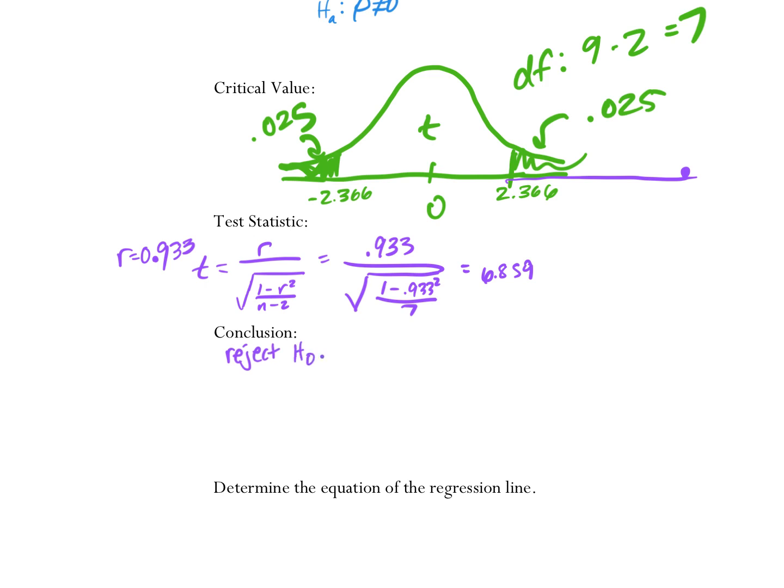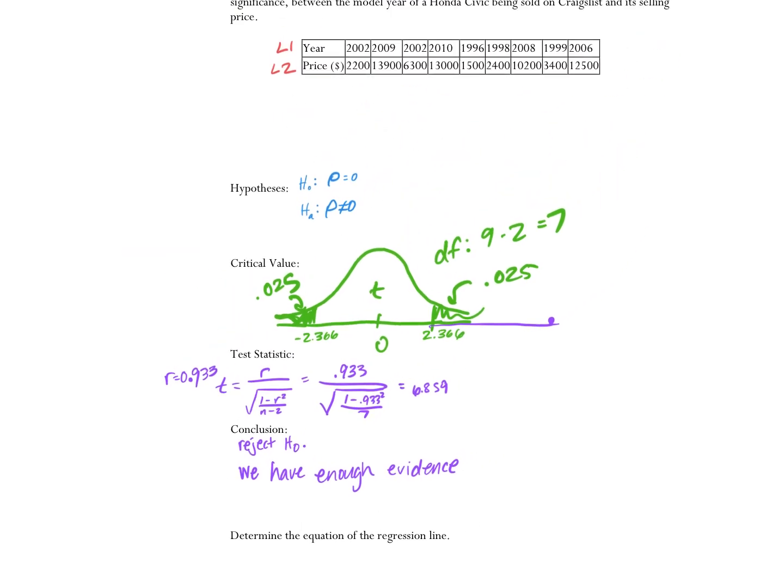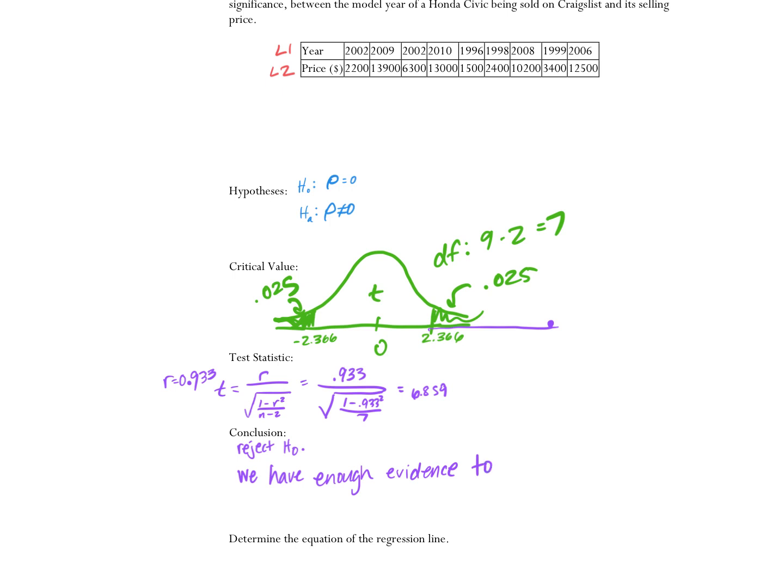Okay. If I reject the null, what does that mean? We have or do not have enough evidence. You have enough because we only have one hypothesis left. Yeah, okay. We have enough evidence to say there is a significant linear relationship or linear correlation.